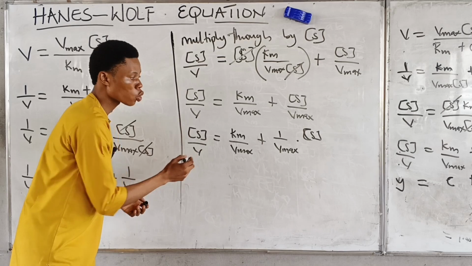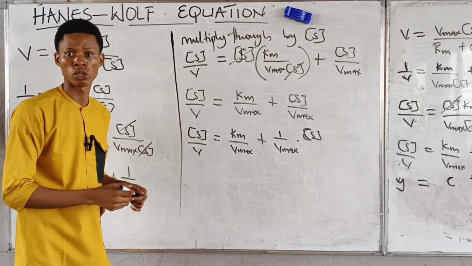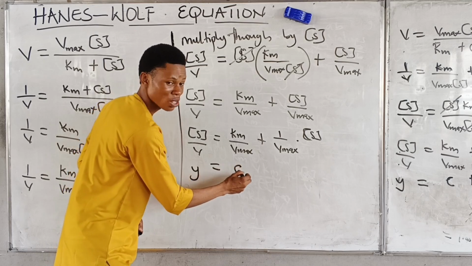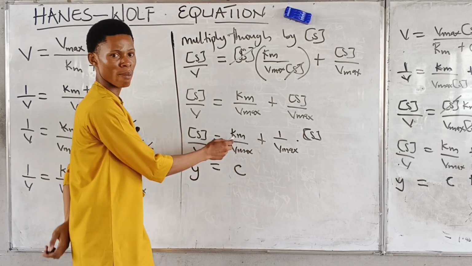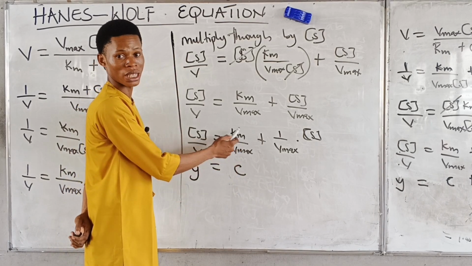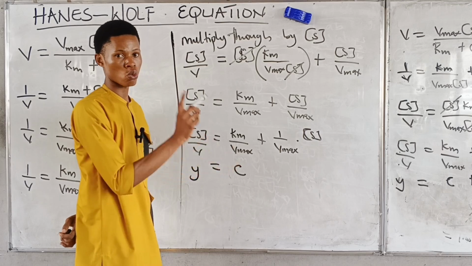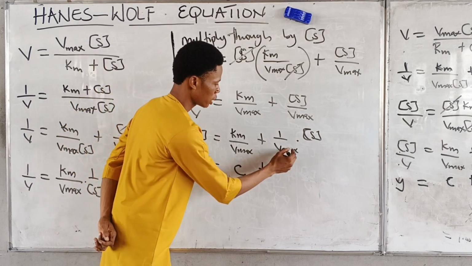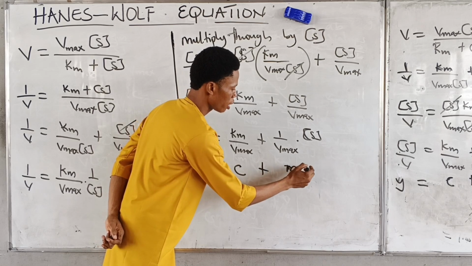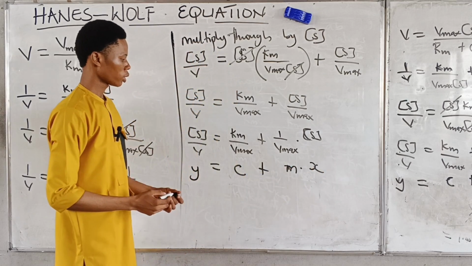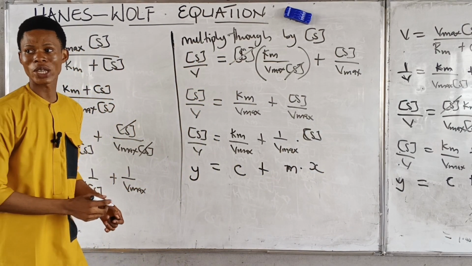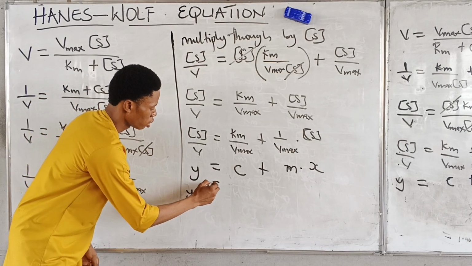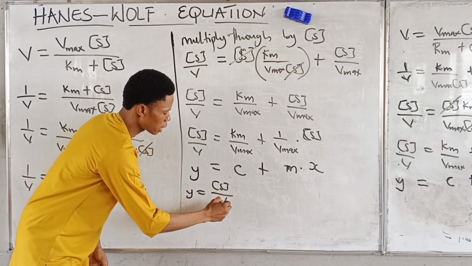Now, if we want to compare it to the linear graph equation, this will be y equal to c plus mx. Here it cannot be mx first because there's nothing you can plot against the x-axis here. V max is one value, Km is one value. This means that if you are plotting this graph, your y-axis will be S over V, right?